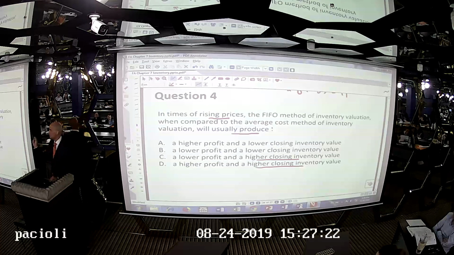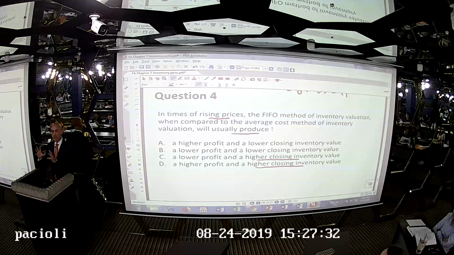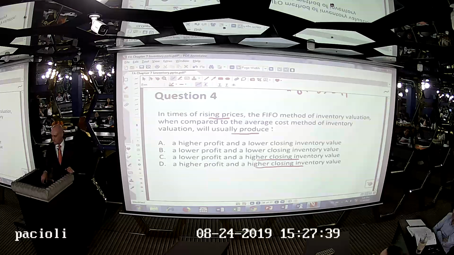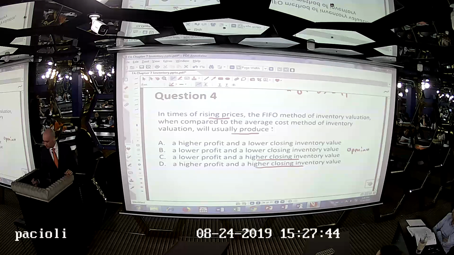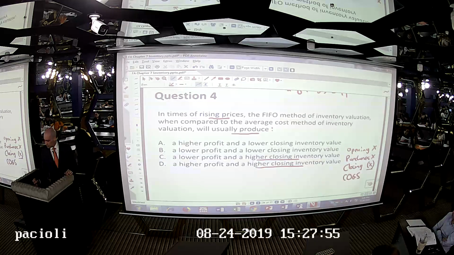And you remember the cost of goods formula is opening inventory plus purchases minus closing. So if you have a higher closing inventory, your cost of goods sold is going to be smaller. Remember, it's opening inventory plus purchases, and then minus closing inventory, and this is your cost of goods sold.